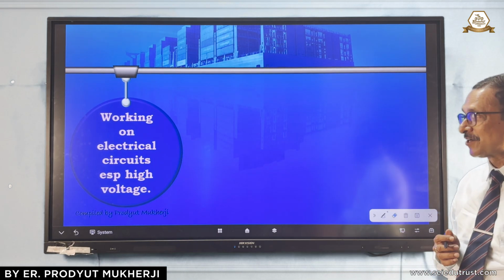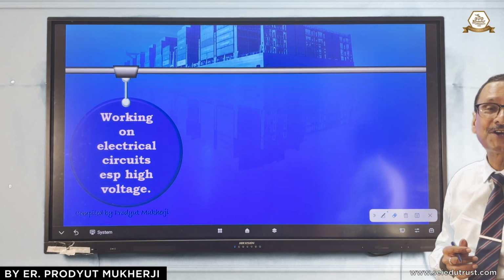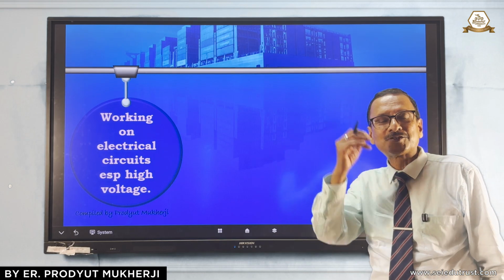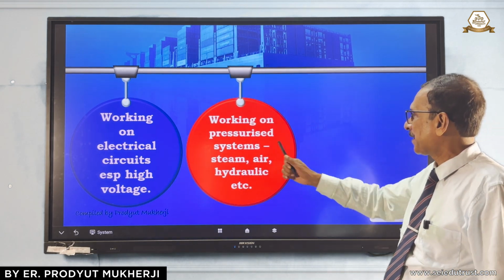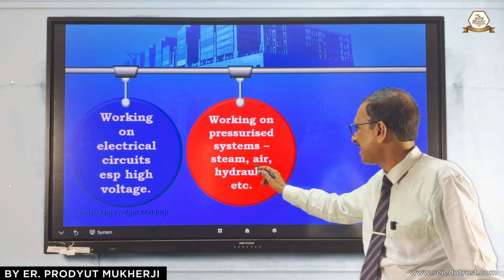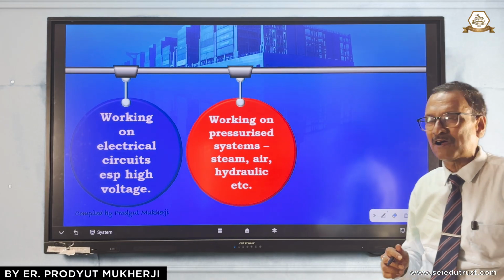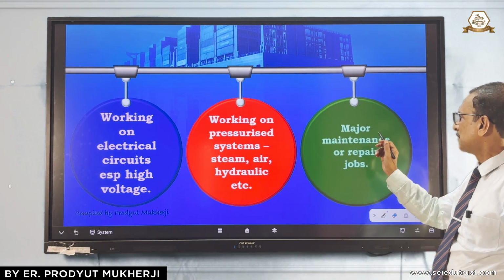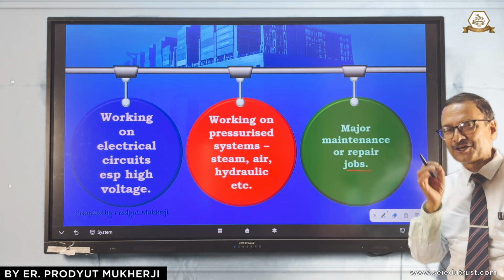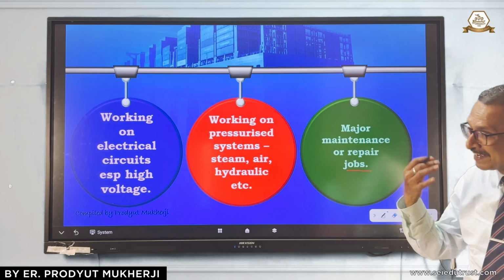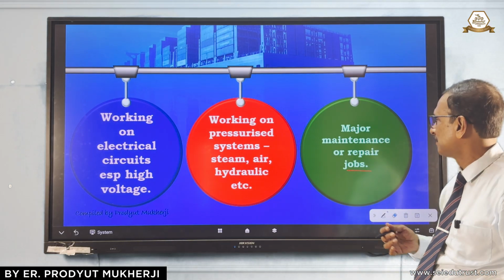Working on electrical circuits, especially high voltage circuits. On board, that's more than 1000 volts. Working on pressurized systems, steam, air, hydraulic, etc. Major maintenance or repair jobs, main engine decarb specifically, turbocharger overhauling involving heavy items.